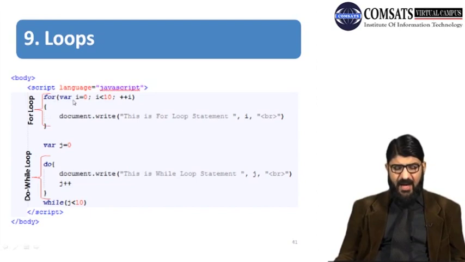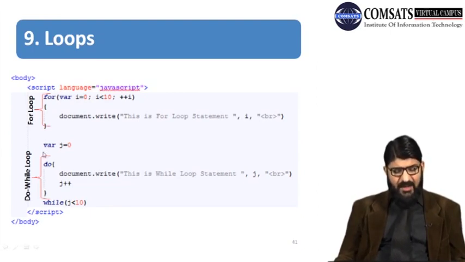For variable i equals 0: this is the variable i with default initial value 0, and it runs until i is less than 10, with the loop increasing the value of i. Here document.write is used to display the output, so the for loop statement prints the i value every time, and after each value a line break tag is given.